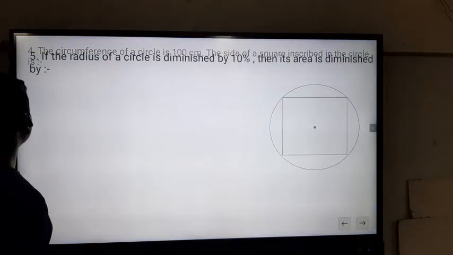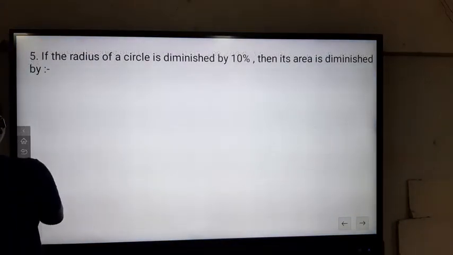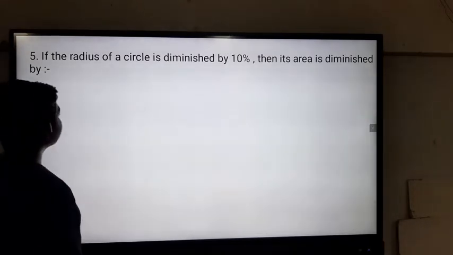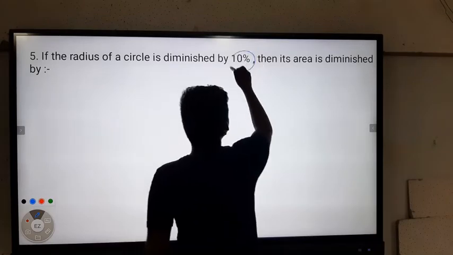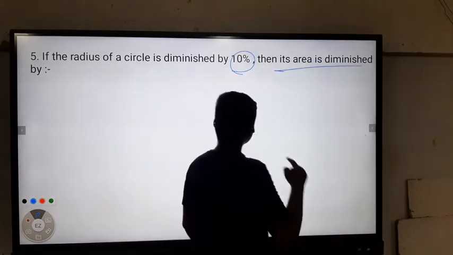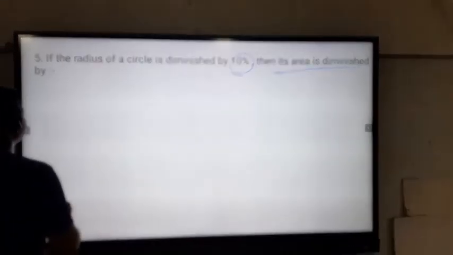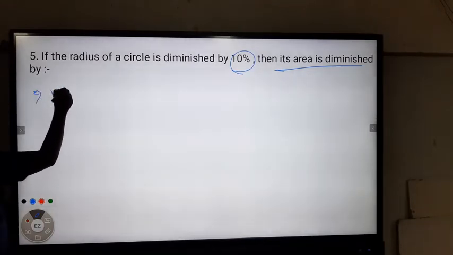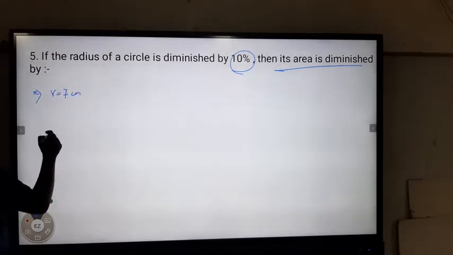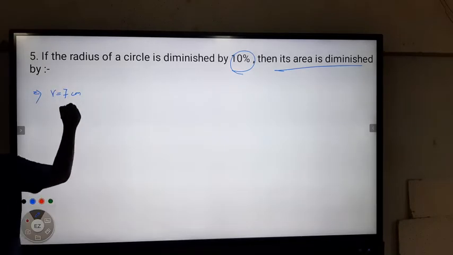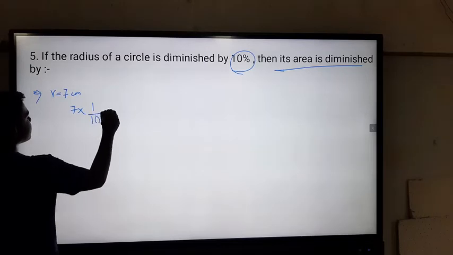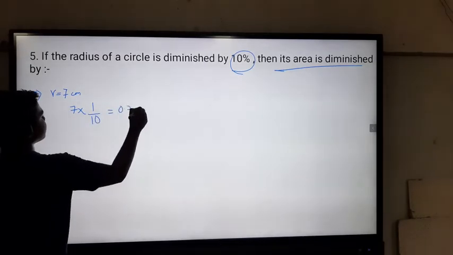The next question is: if the radius of a circle is diminished by 10%, how much is the area diminished? So we have to find that. Let us take the radius as 7 cm. 10% of 7 is 7 into 1 by 10 equals 0.7 cm.